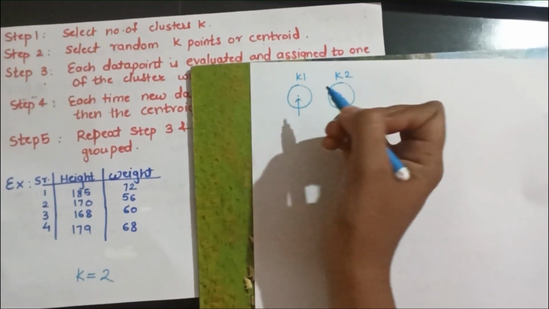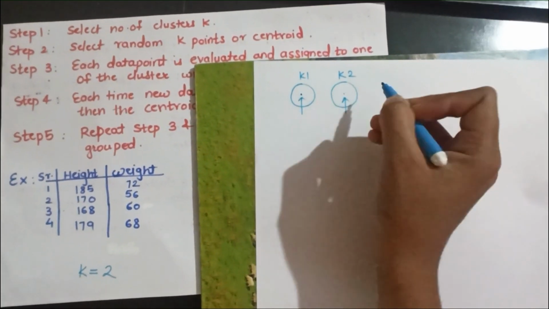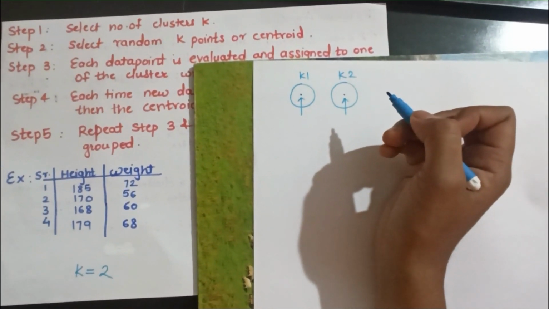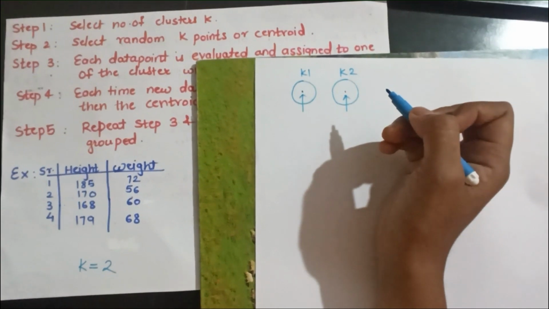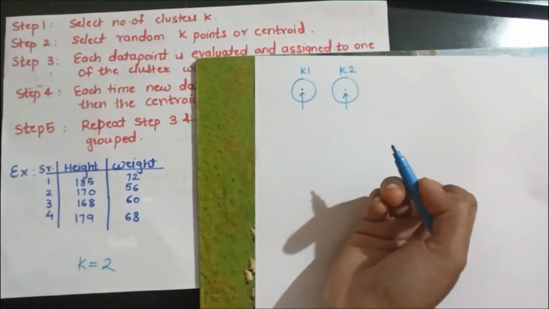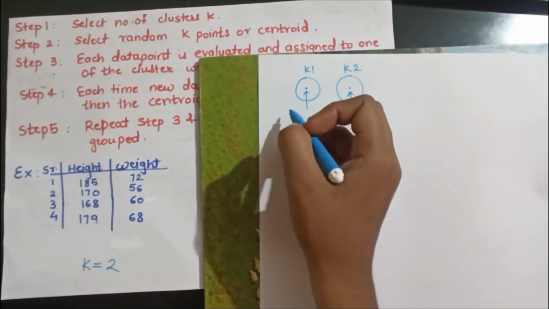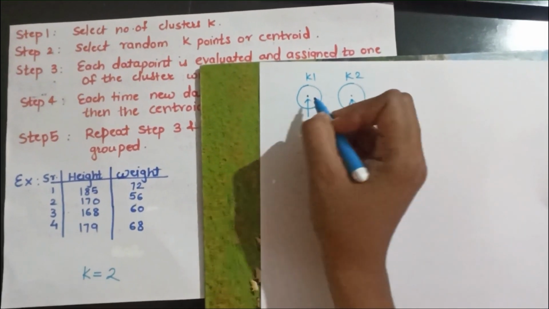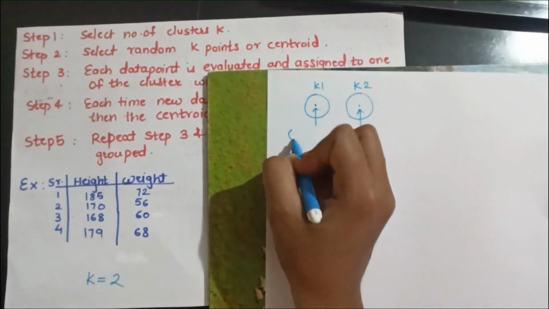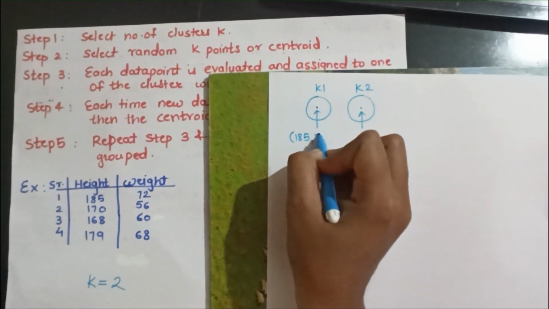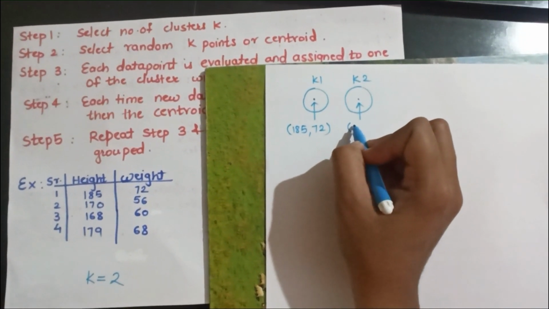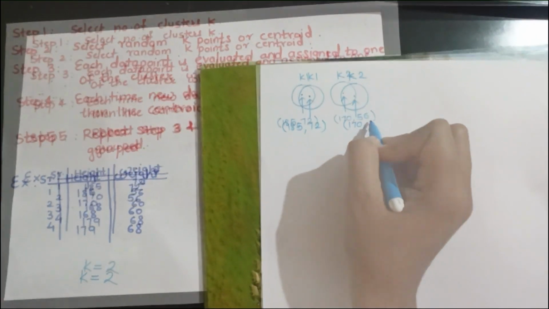This is the centroid for cluster k1, and this is the centroid for cluster k2. As we know, the centroid value can be from the data set itself, or it can be outside the data set. We are going to take the centroid values from the data set itself. The centroid value for cluster k1 will be data point 1, that is 185 and 72, and the centroid value for k2 will be data point 2, that is 170 and 50.